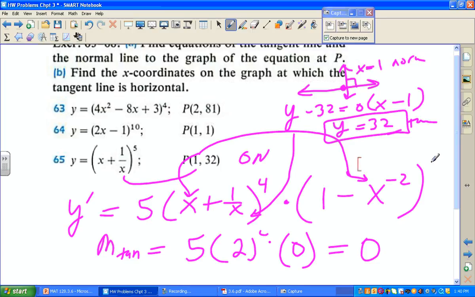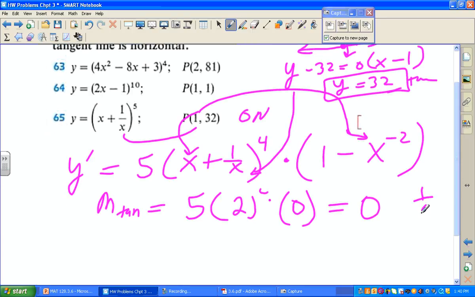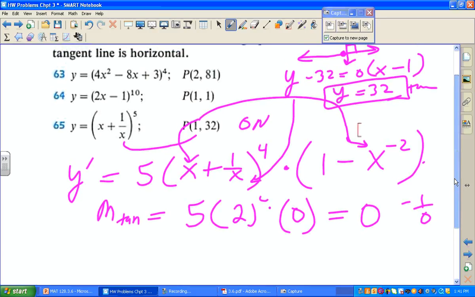You do, but the reciprocal of 0 is 1 over 0, which means it's undefined. The only equations that are undefined are x equals. It's the reciprocal of the slope. So opposite reciprocal of 0 is negative 1 over 0, which means x equals in this one.